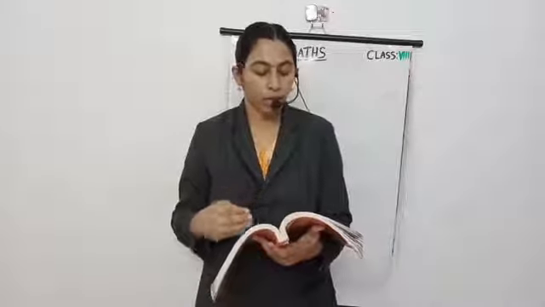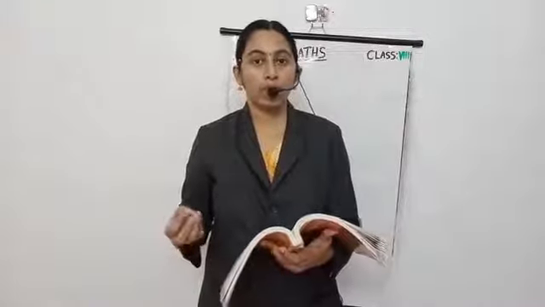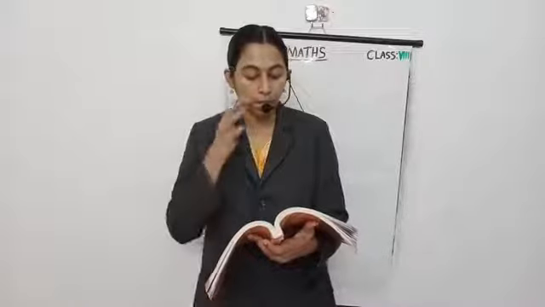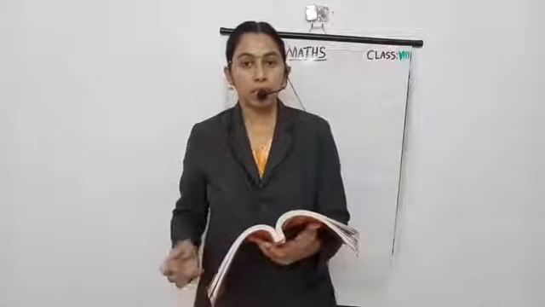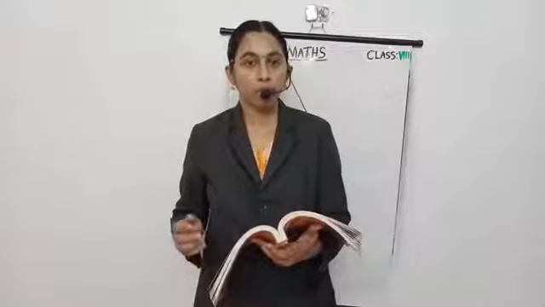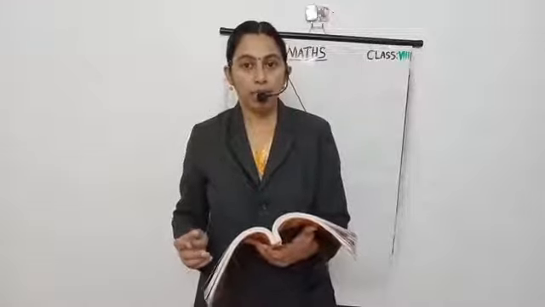First one, increase or decrease in population. For that calculation we use the compound interest formula. Second, the growth of bacteria if the rate of growth is known. You know bacteria, in science you are learning about bacteria, fungus, like that, isn't it?